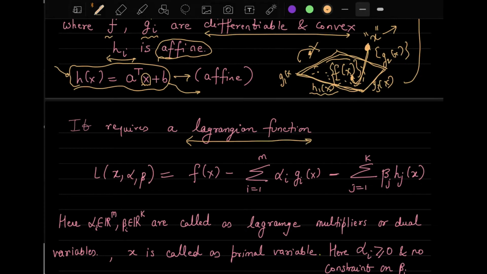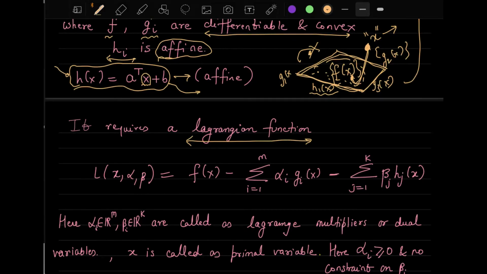Excuse me, sir. When we say that we need to find the minimum or maximum of the objective function, does that mean that the minimum gives us the smallest area of the bounded surface? It's not the smallest area, it's the smallest point, the minimum point of that particular function.